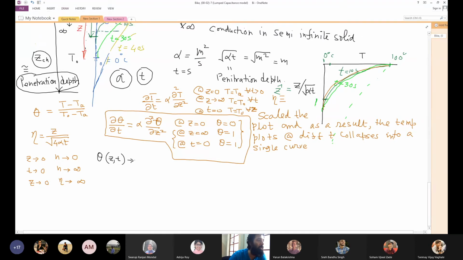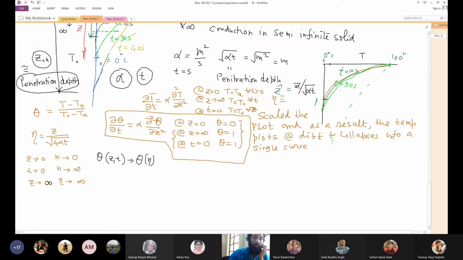Although theta is a function of z and t, if we combine z and t in this way in eta, theta can be written as a function of eta alone, where eta is defined by this. Now I want you to address your concerns. Tell me, what's that? Sir, in the third boundary, z tends to 0. Like not z tends to 0, z tends to infinity. Okay? It's fine now? Yes, sir. Alright.